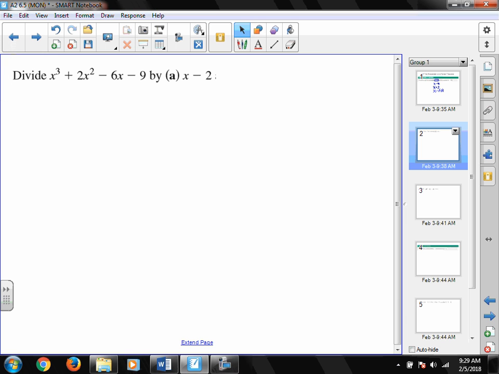So we're going to divide x cubed plus 2x squared minus 6x minus 9 by x minus 2. Okay.